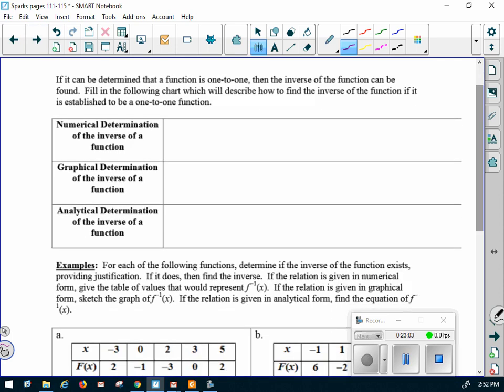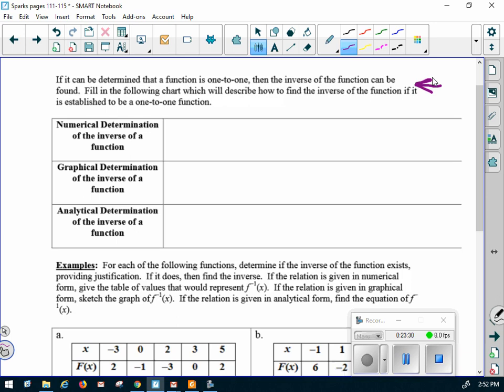This piece right here, we're going to read through it. Please write it down later because there's a lot of writing here. Let's read right up here. If it can be determined that a function is 1-to-1, then the inverse of the function can be found. Fill in the following, which will describe how to find the inverse of a function if it is established to be 1-to-1.